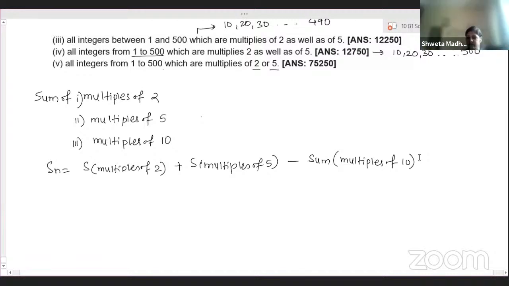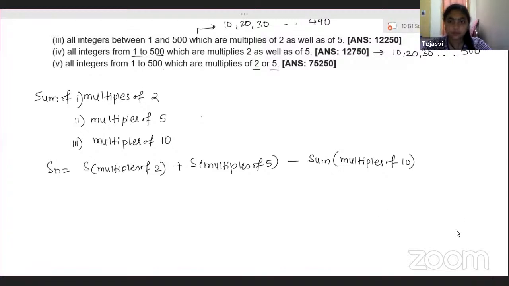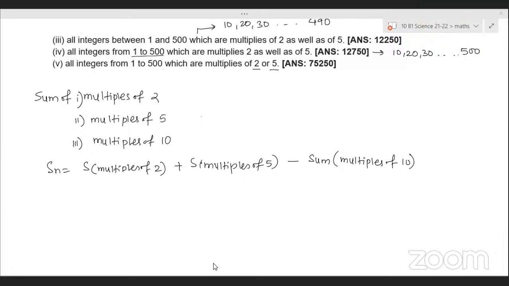Clear, everyone? Yes, ma'am. So what are the questions you have to solve? Remaining questions of 56 you have to complete. Then 57 fully you have to do. Then 58, 59, 61.